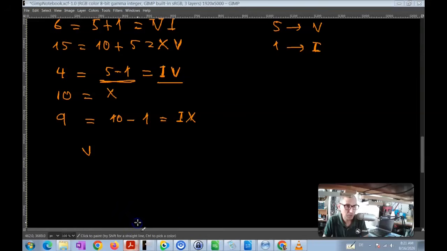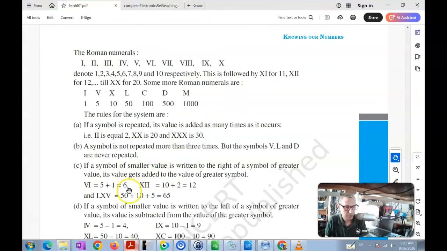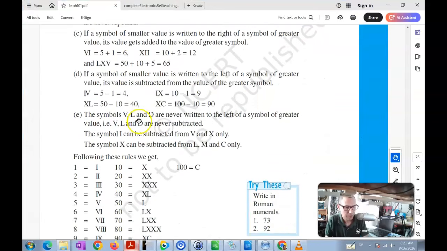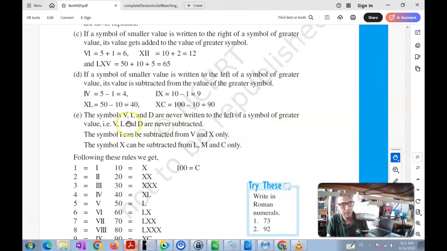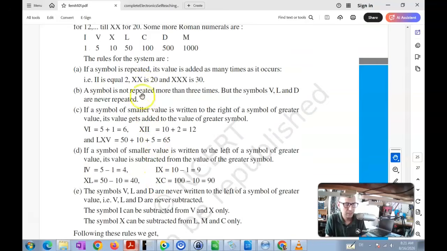Now the next rule that we have is basically that the symbols V, L, and D, where V is a 5, L is a 50, and D is a 500, are never written to the left of a symbol of greater value.